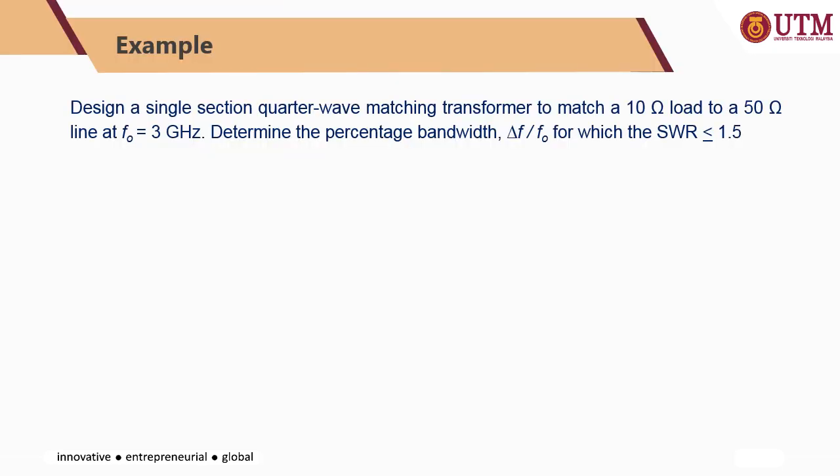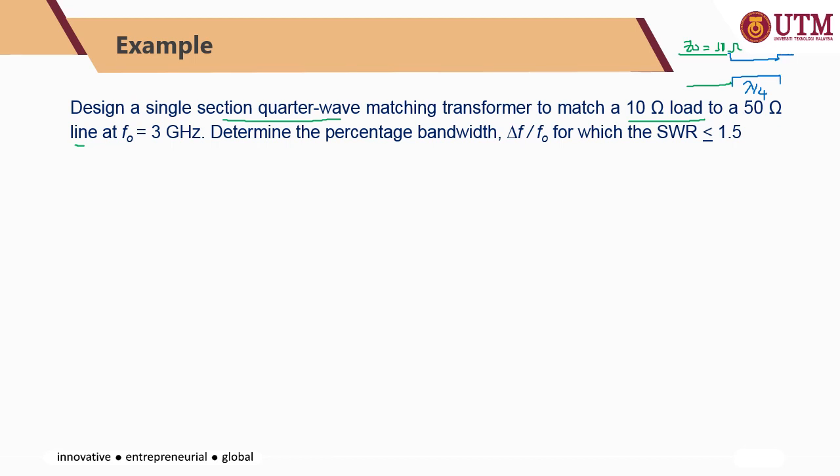Let's look at an example. Design a single section quarter wavelength matching transformer to match a 10 ohm load to a 50 ohm line. So we have a 50 ohm line, Z0 equal to 50 ohm, and then we have a quarter wavelength line, lambda over 4, to match a 10 ohm load.